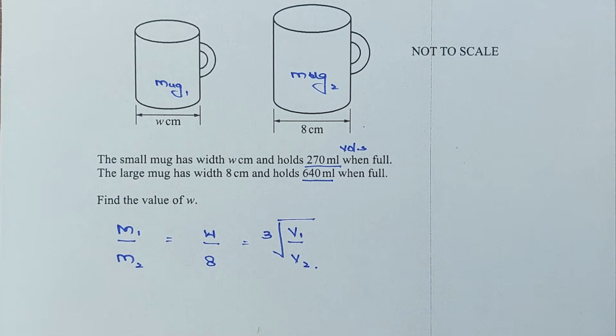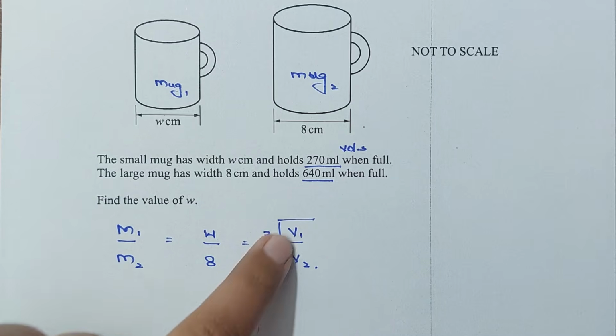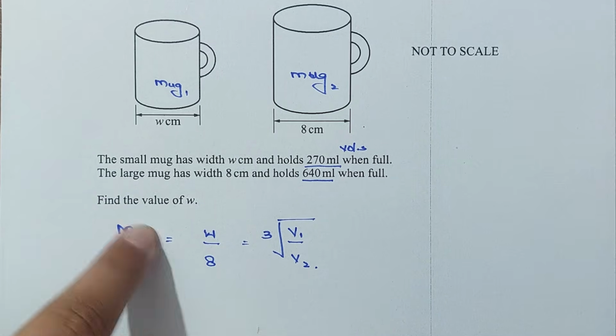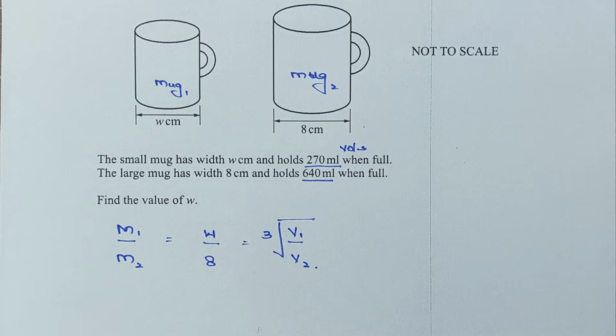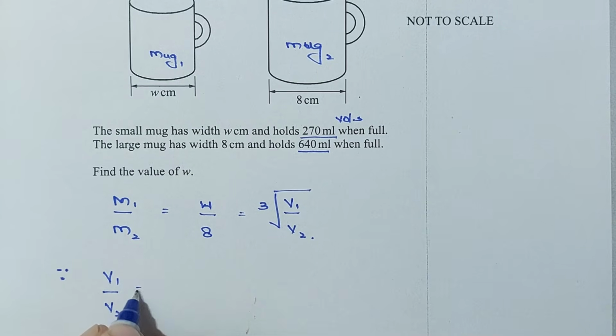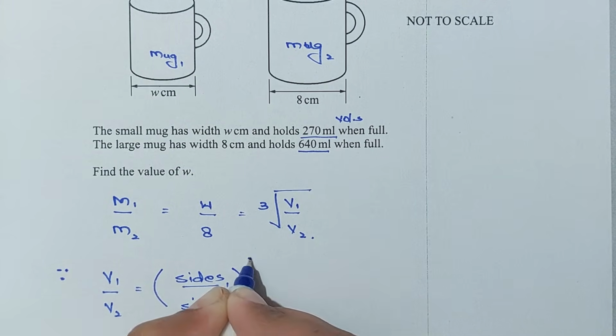Okay, so when the two shapes are mathematically similar, the ratios of the volumes are equal to the cube of the ratios of their sides. Or in other words, the ratio of the volumes is equal to the ratio of side 1 to side 2, and its whole cube.